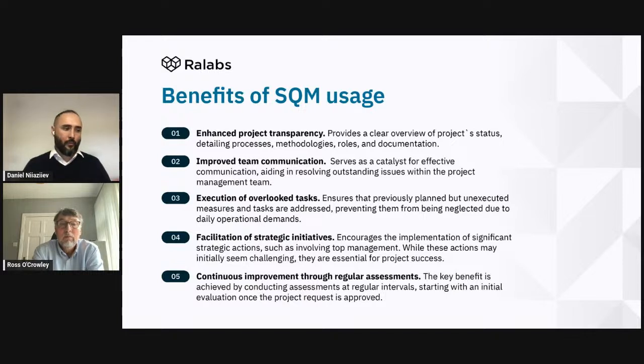just overlook. And essentially with help of SQM, we can execute this overlooked task. We can understand that we have this plan, maybe we have some improvements planned, but they were postponed.